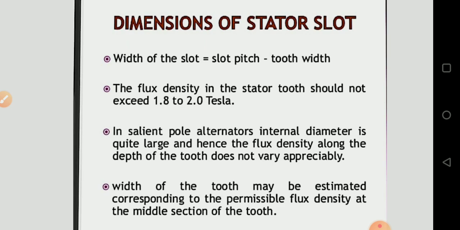The internal diameter of a salient pole machine is very large, so the flux density does not vary appreciably along the depth of the tooth.